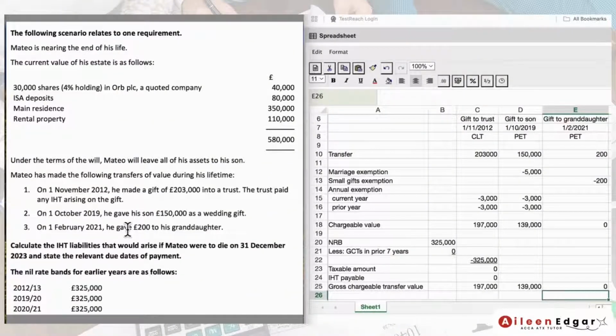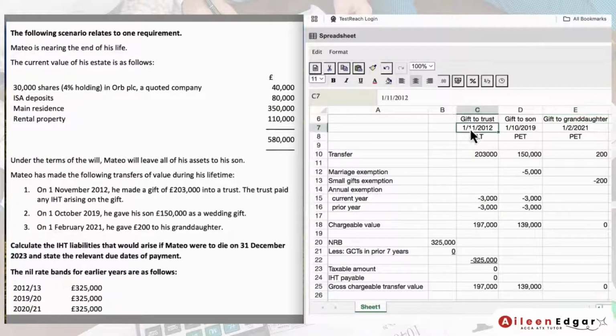So our first date that we would be checking is the 31st of December 2016. So do you see that CLT, the gift to the trust, that falls outside of that 7-year window? It was not made in the 7 years prior to Matteo's death.